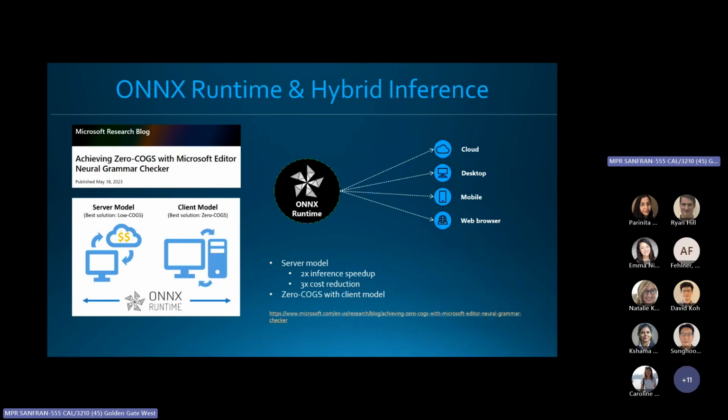If you use Microsoft Office products, you know there's grammar check, which is a very useful feature, and it's powered by an AI model called Neural Grammar Check. Traditionally, this runs on the cloud, and it costs money. Also, it has a limitation because you have to have an internet connection.